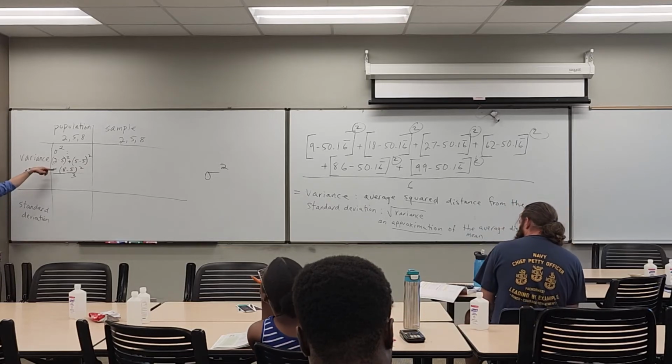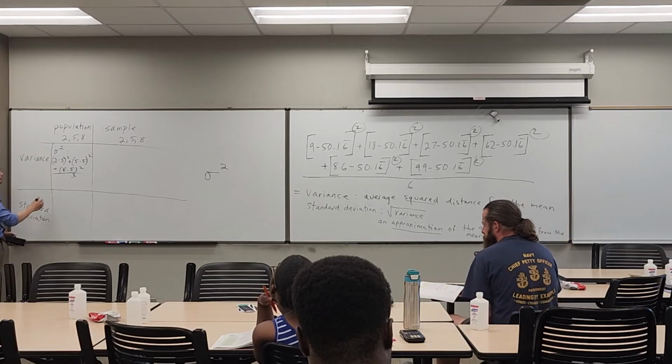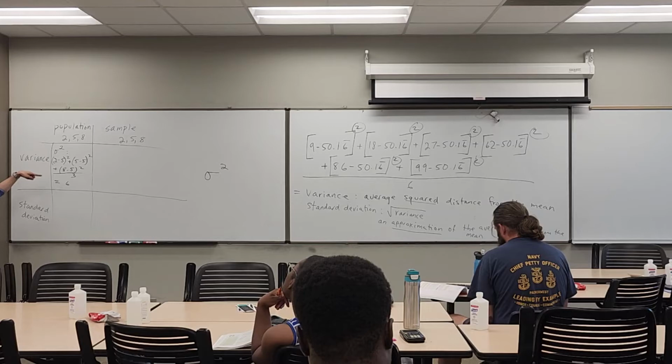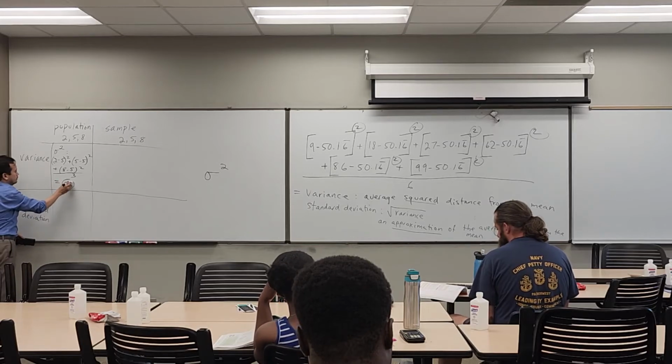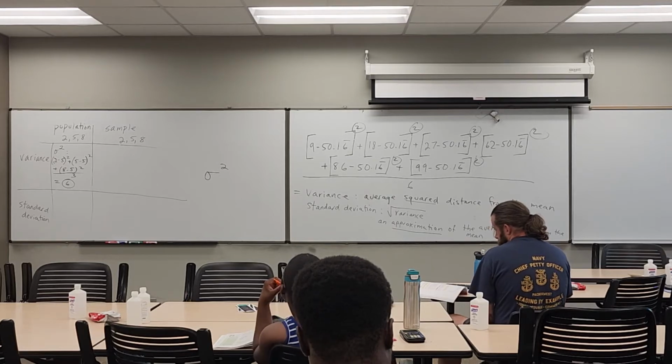So we're getting 9 plus 9, which is 18, divide by 3, which is 6. So the average squared distance of each of the numbers from the mean is 6. So that is the population variance. Any questions?